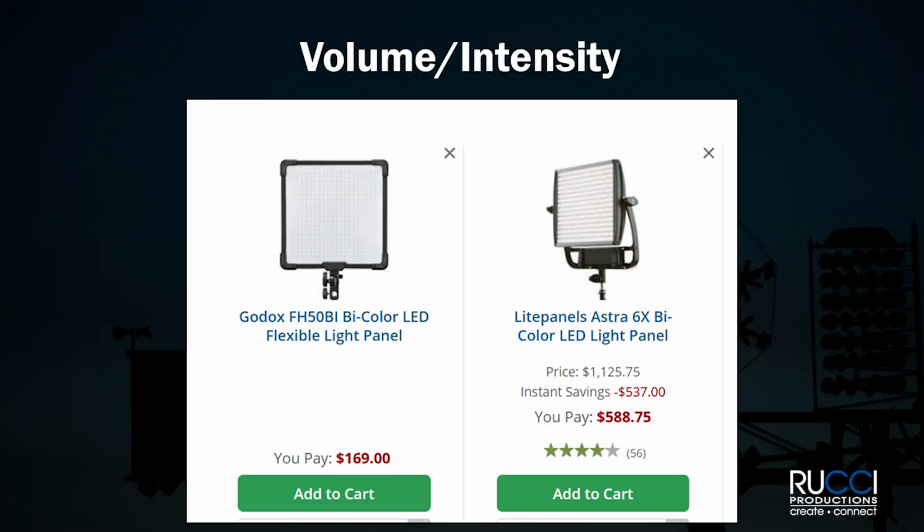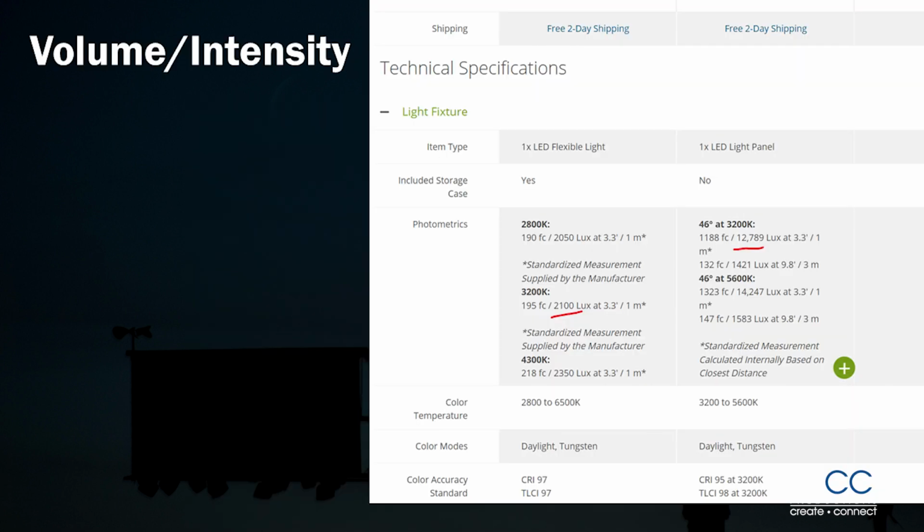So I could go shopping, for instance, and here are two lights, they're both the same size, a foot by a foot. And there's quite a price difference. Actually, there are a lot of features that they each have, and that somewhat justifies the price difference. But also, when you look at the specs, one of them is 6 times brighter than the other. So that is a factor you need to pay attention to.